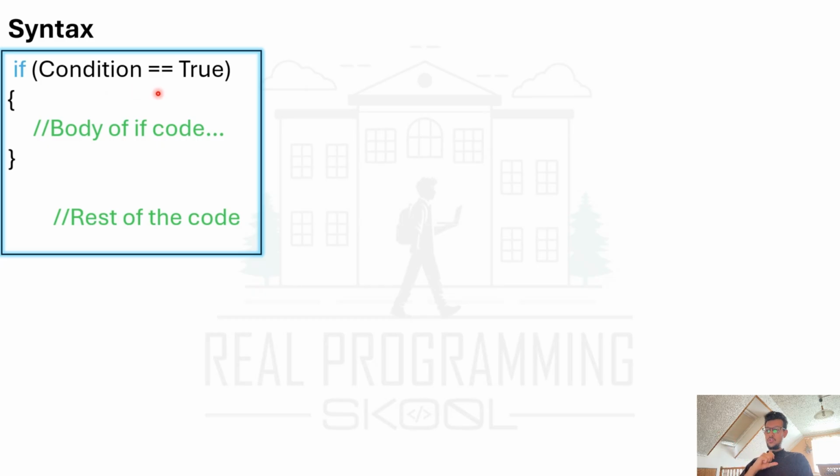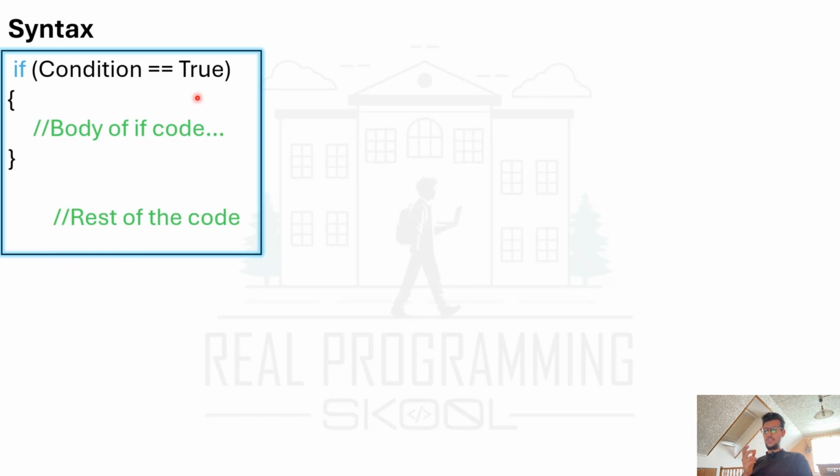If the condition is true, we tell the compiler, please read this condition, and if it's true, go inside this if statement and execute the body of the code inside it. And if the condition is false, skip the code inside the if statement and continue to execute the rest of the code after the if statement. In all cases, the compiler will complete the rest of the code after the if statement.